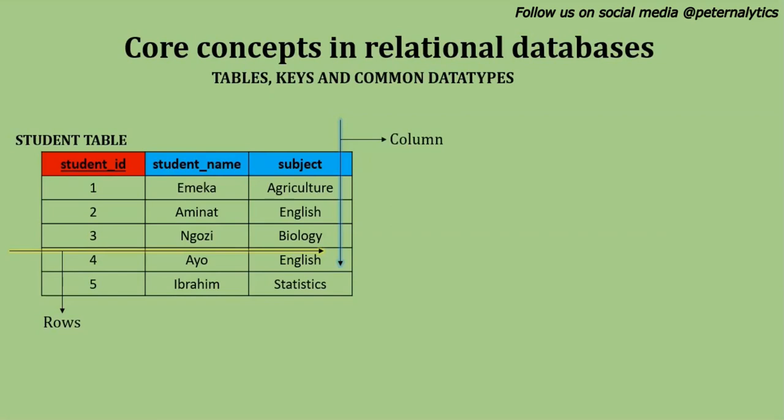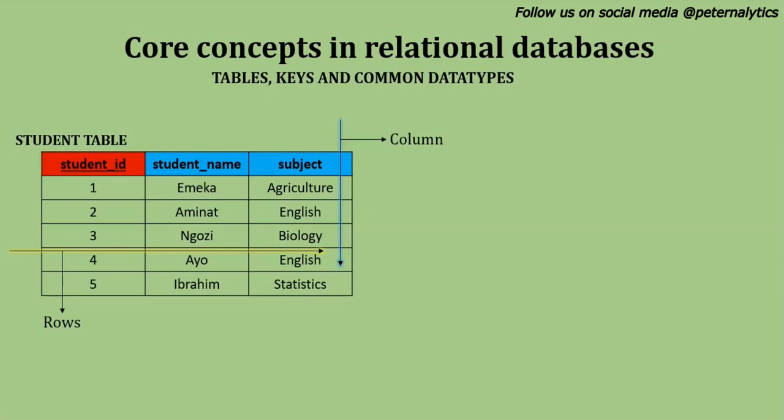The student name column highlights the names of the students. The student ID column highlights the unique number of the student, and the subject column highlights the subject they offer. So our database tables look like this, different from what we already learned in Microsoft Excel.